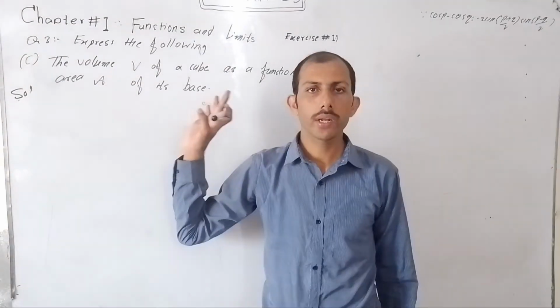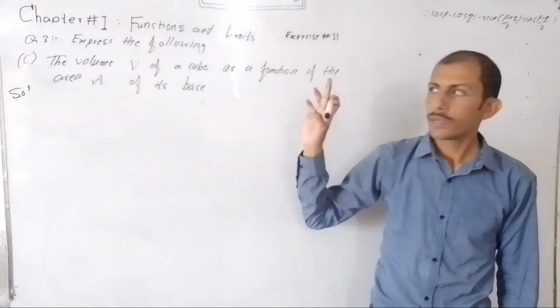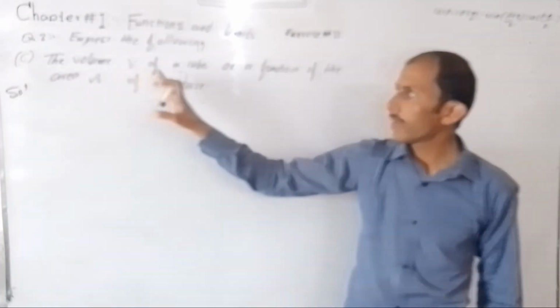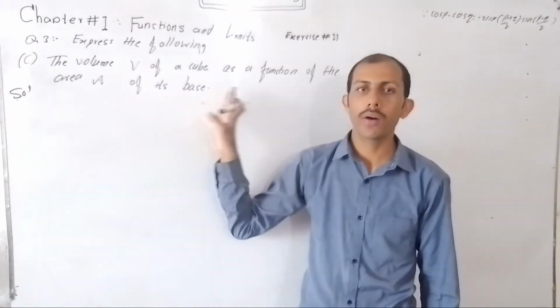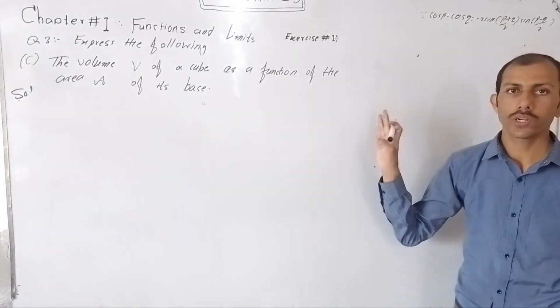Dear student, next question number 3, part number C. The volume V of a cube as a function of the area A of its base. First of all, we draw a cube.